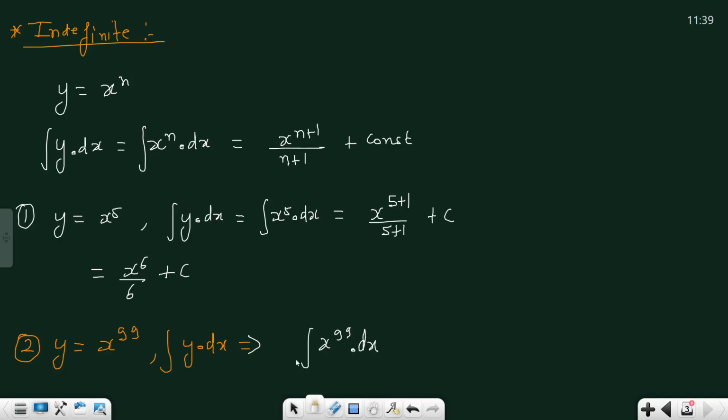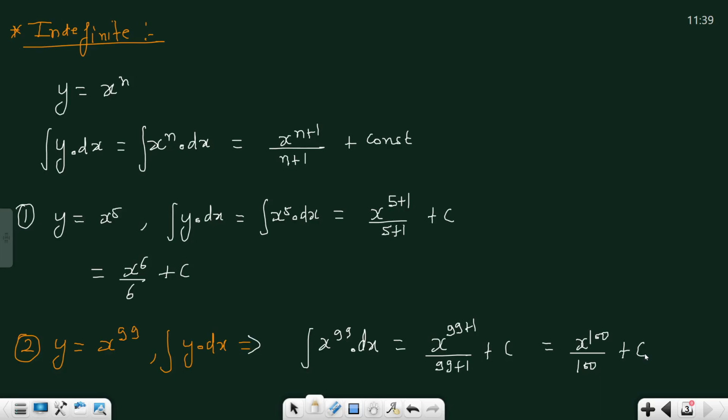When you integrate this, you will get x to the power 99 plus 1 divided by 99 plus 1, plus c. So the final answer is x to the power 100 by 100 plus c. So is it easy or difficult? Easy, sir.